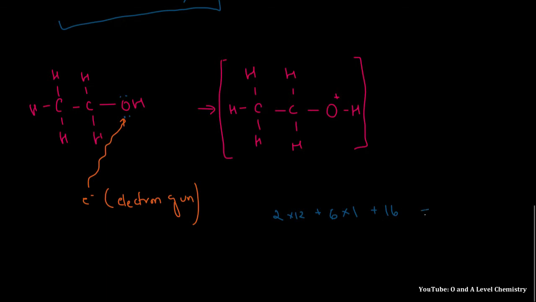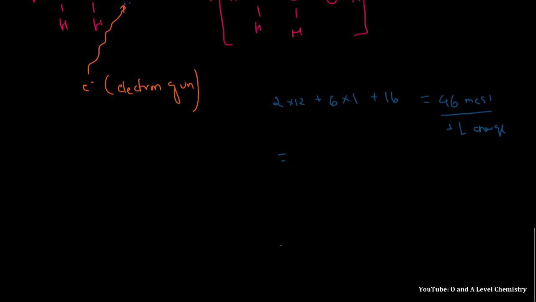So this is 24 plus 6 plus 16, which is 46. So the mass is 46 grams per mole, and the charge is plus 1. So this is 46 mass divided by plus 1 charge. We'd call this 46 m by e, mass by charge.